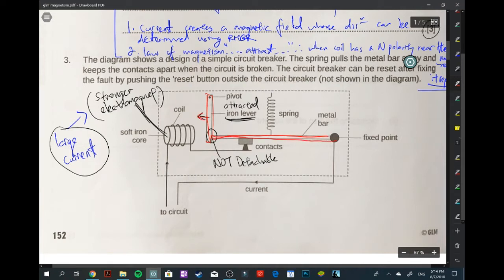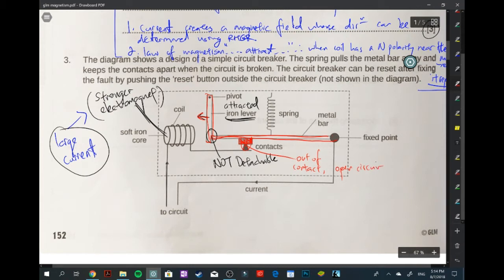And as you can see, this rectangular block over here will not be in contact with this triangular block, right? And when they're not in contact, what you have is an open circuit.